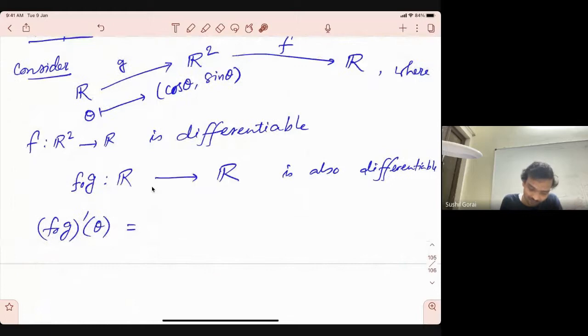So what is it? You have the first one, which is a function of two variables.